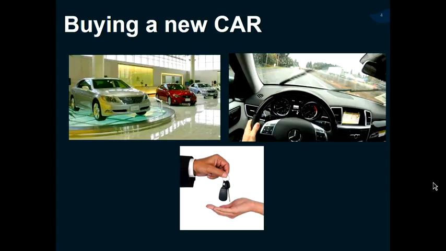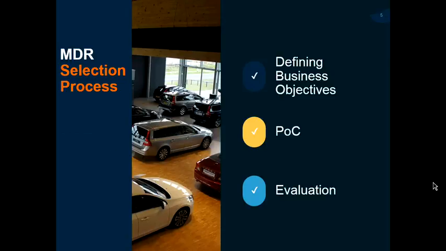Based on our selections and choices, we actually test drove cars at dealers. And then after research and test driving, we finally selected our car. The MDR selection process is very similar to the car buying process.